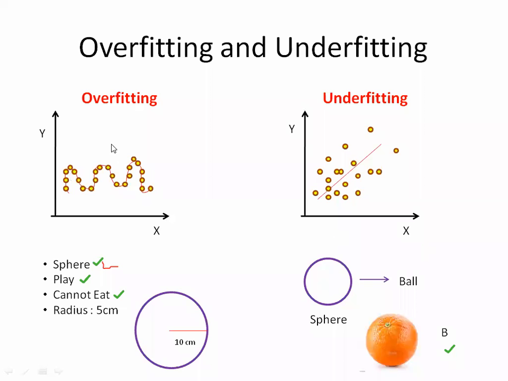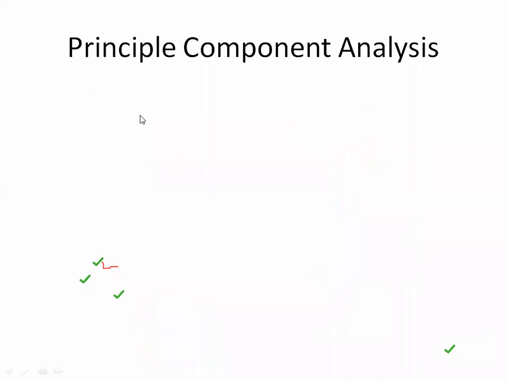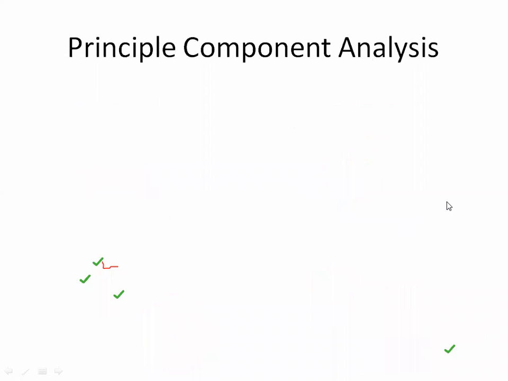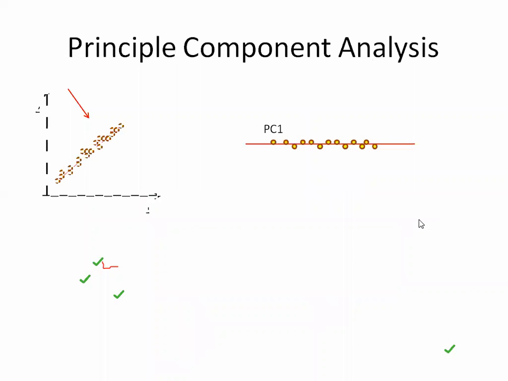To minimize the problem of overfitting, we use principal component analysis. One more fitting is best fit, which is the intermediate between overfitting and underfitting. So principal component analysis is used to minimize the problem of overfitting.